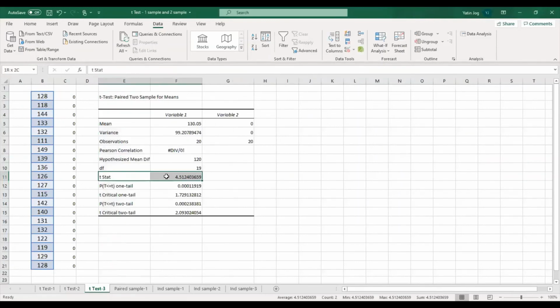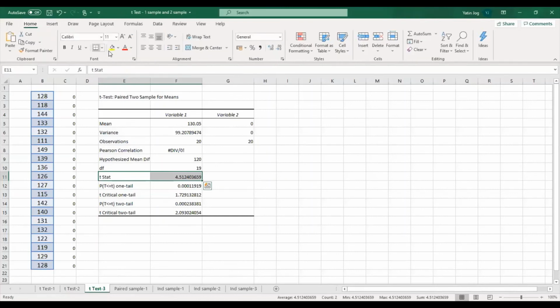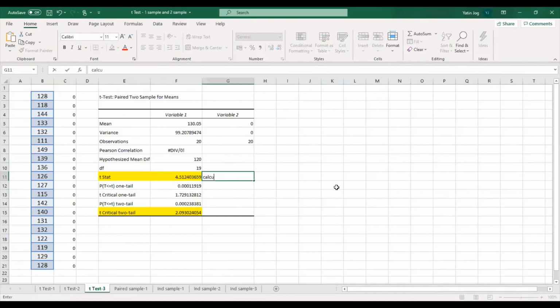Now just look at the t statistic, which is very important, which is your calculated value, and t critical, which is your table value or critical value, or you can say constant.